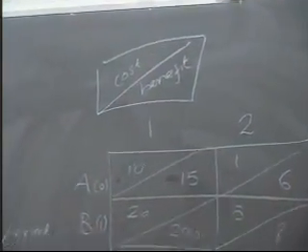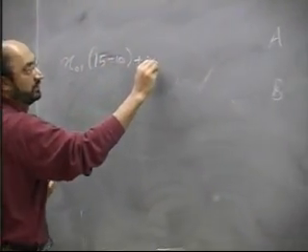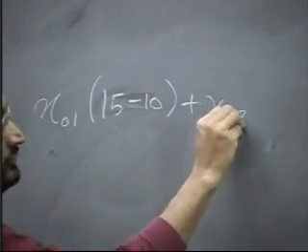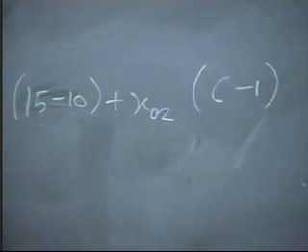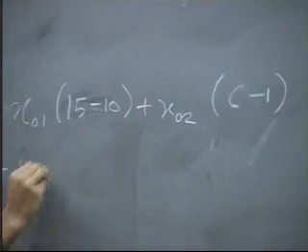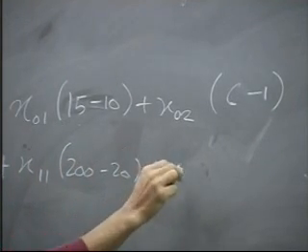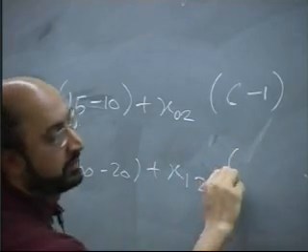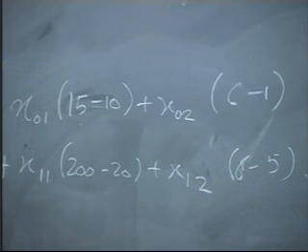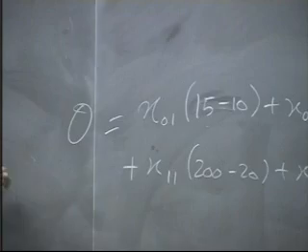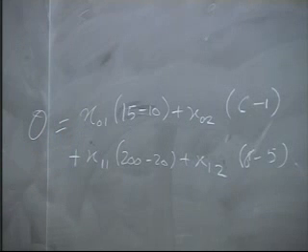So it's 15 minus 10, plus x02, 6 minus 1, plus x11, 200 minus 20, plus x12, 8 minus 5. So this is the objective function, right? It's just these indicator variables, because this is the assignment.